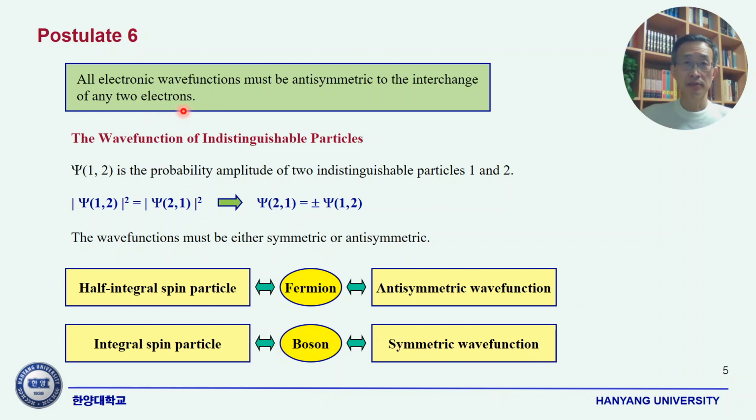Electron has half-integral spin, which is a fermion. So for electrons, the electronic wave function must be antisymmetric to the interchange of any two electrons. This is the spin postulate, or quantum postulate 6.